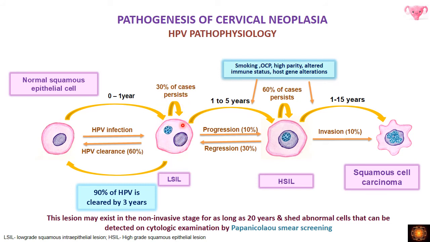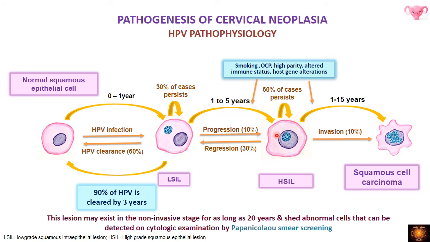It takes about 1 to 5 years for the development of the H cell from the L cell. H cell means high-grade squamous intraepithelial lesion. So only 10% of the cases progress from the L cell to H cell. Whereas once the patient develops H cell, 30% of the cases can regress back to L cell, and 10% of them go to squamous cell carcinoma.